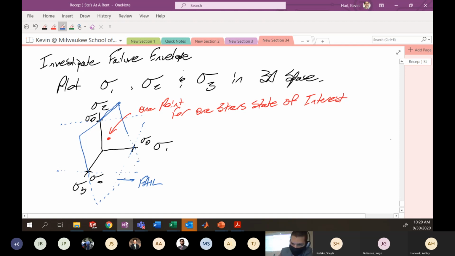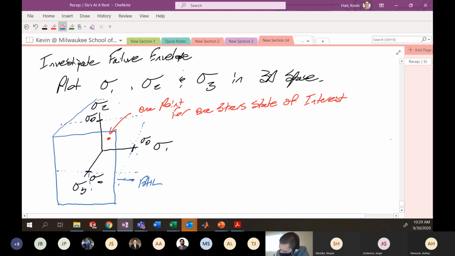Yeah, this is hard to draw. It's probably best. Okay, so this cubic space. There might be a better picture of it if I can.